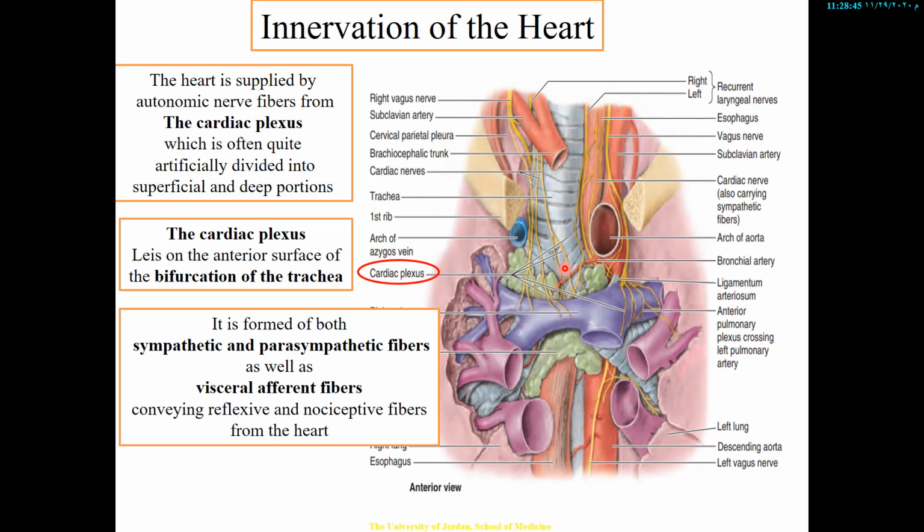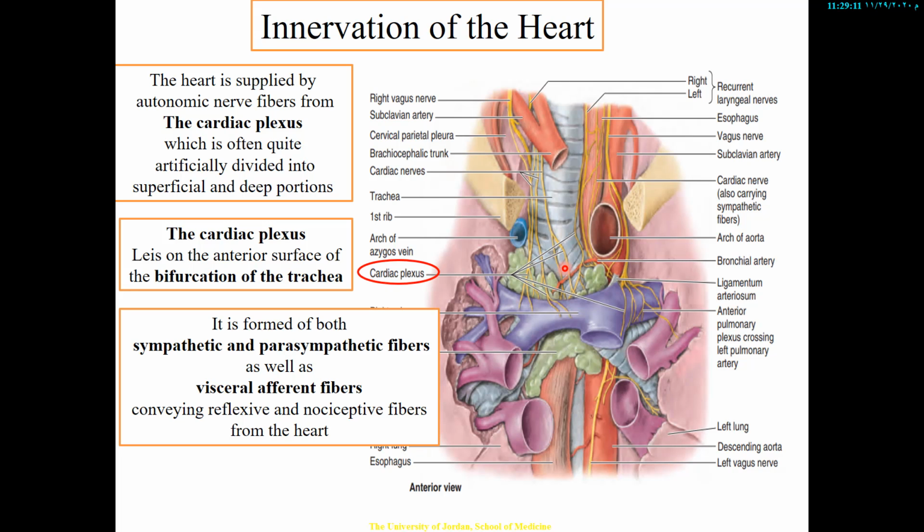Of course, today we are talking about the cardiac plexus, which is located at this level as well. Many events are taking place at this level, the level between the superior and inferior mediastinum, but this is not our subject today.